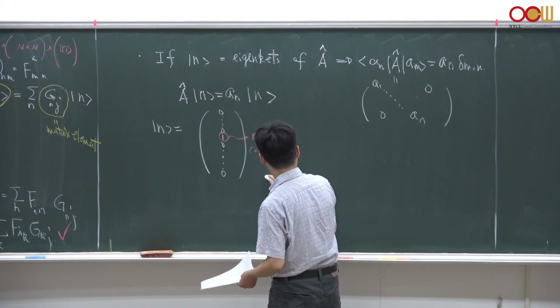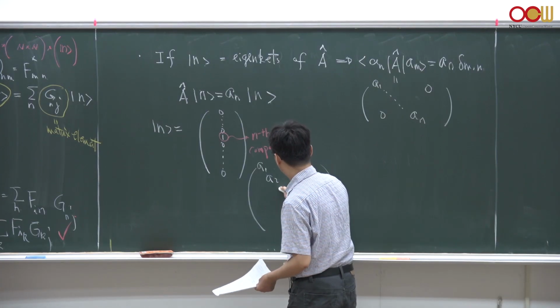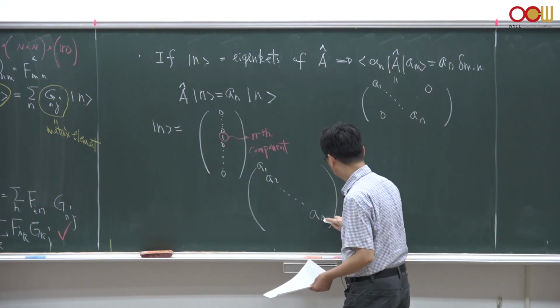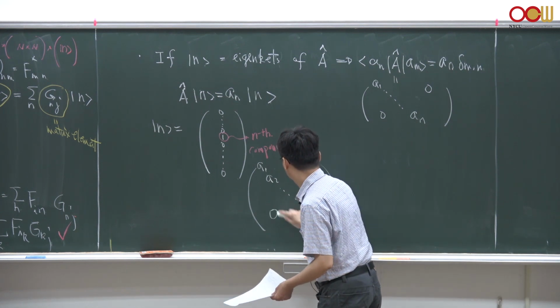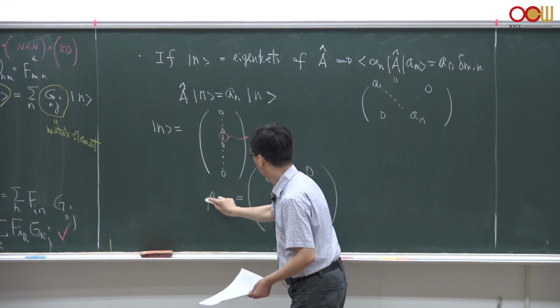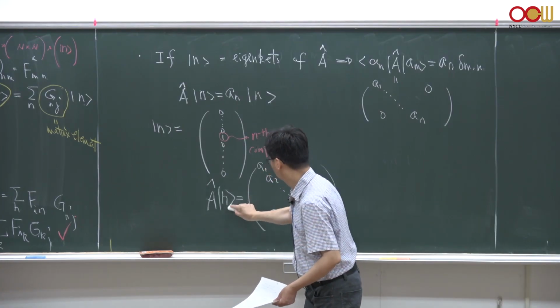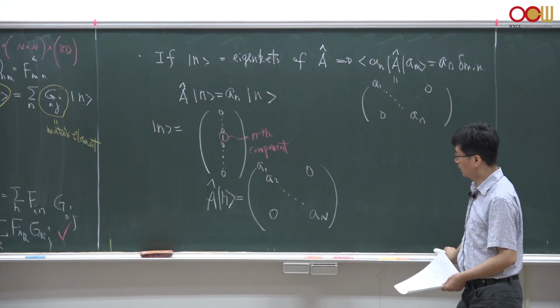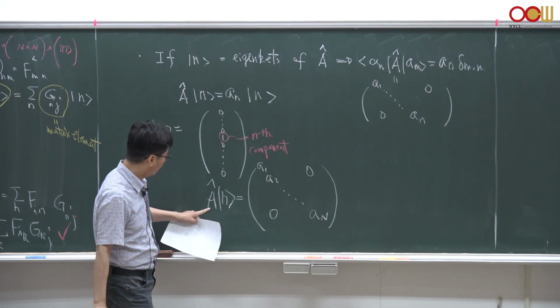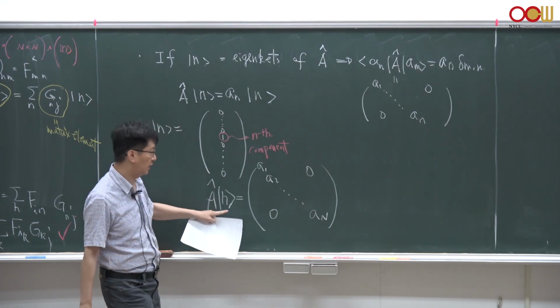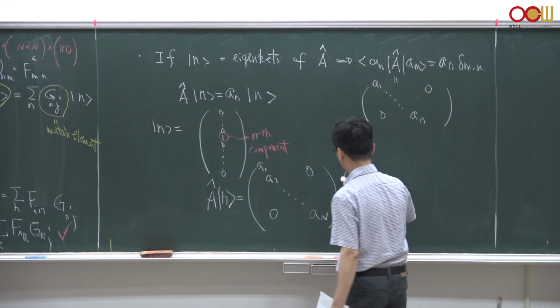If I have this matrix for A, with A1, A2 up to An, I simply do this algebra by applying this A operator onto the state n. What I get is this.